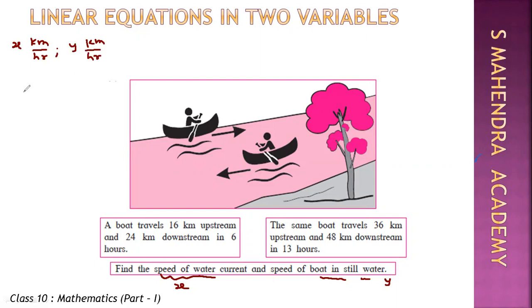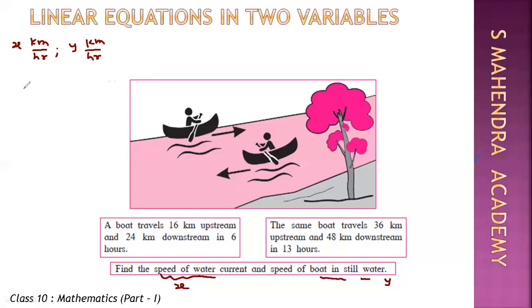Now, moving with the water current, the boat will have the speed equal to its own speed plus the speed of water. But while moving upstream, the speed of the boat will be reduced by the water current, which is passing in the opposite direction.